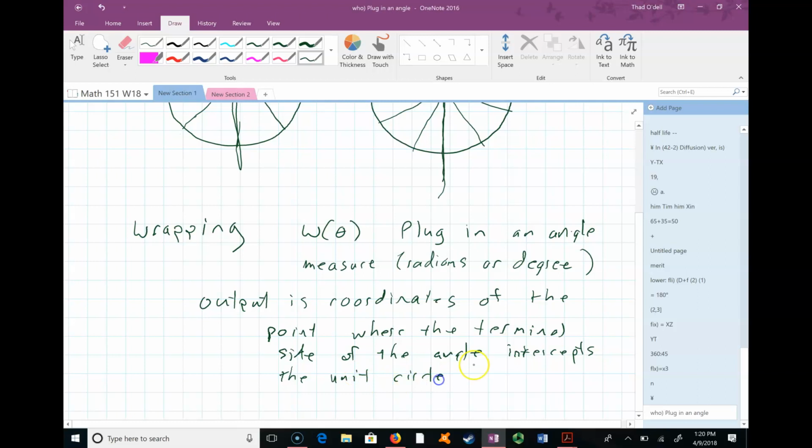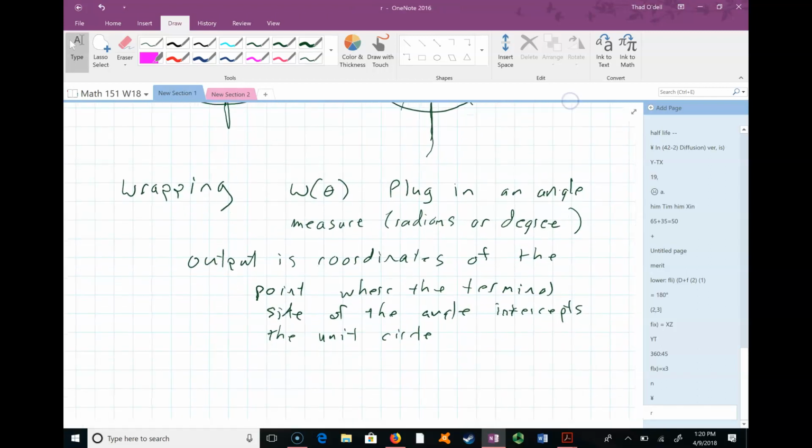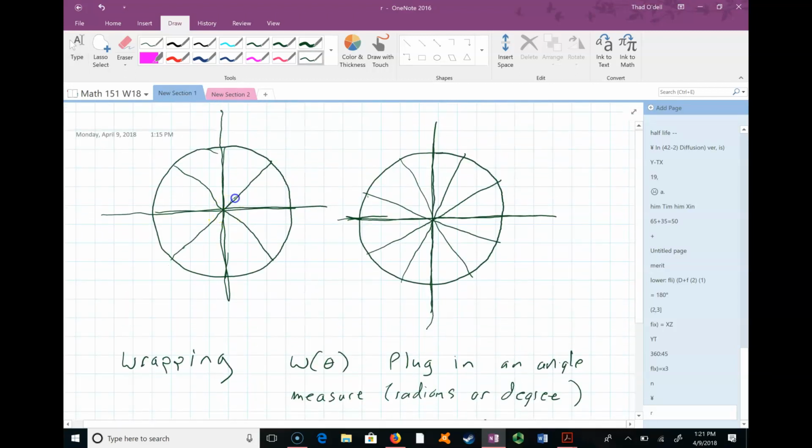Again, by unit circle, we mean a circle of radius 1. So, for example, if I said the wrapping function of 45 degrees, that means I would go right to here, and I'd be looking for the coordinates of that point.